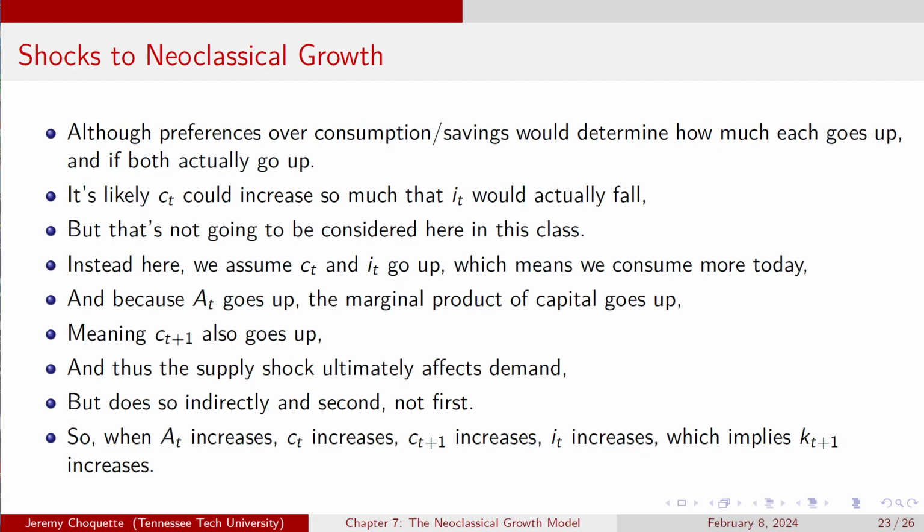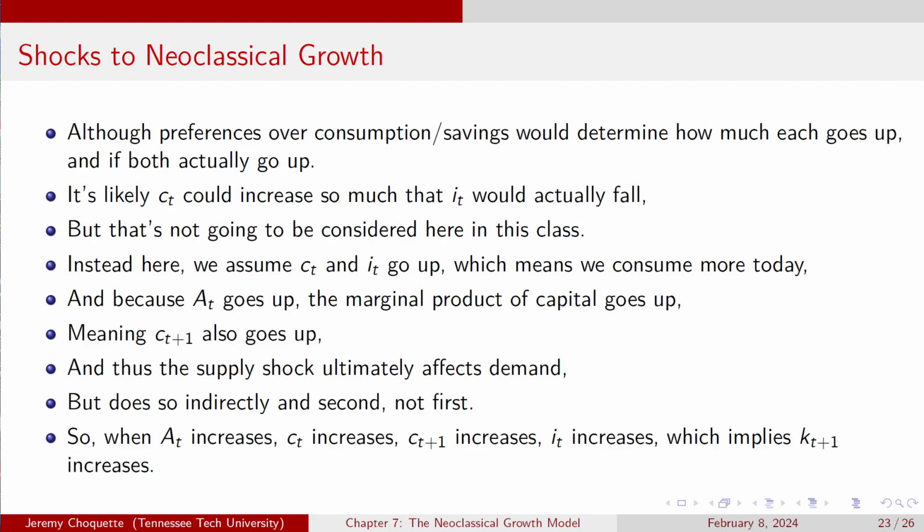So because A goes up, the marginal product of capital increases, meaning C_{t+1} also goes up. So the supply shock ultimately does affect demand, but it does so indirectly, second, not first. So if A increases, C increases, C_{t+1} increases, I_t increases, which then implies K_{t+1} increases.